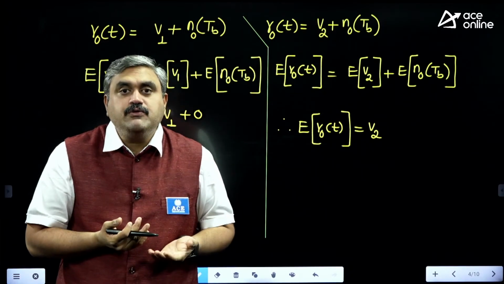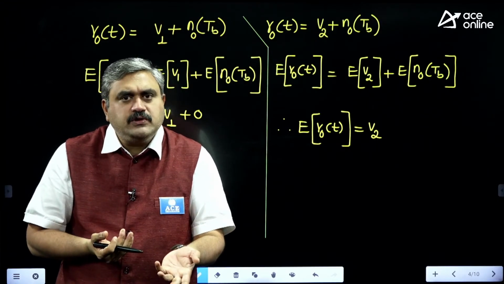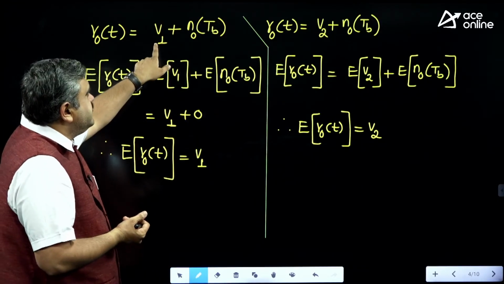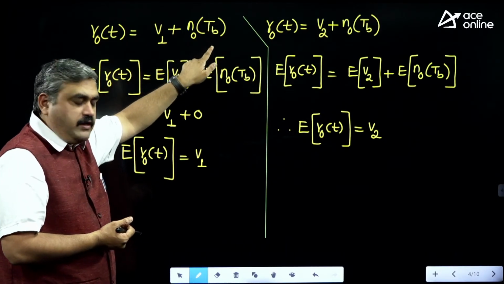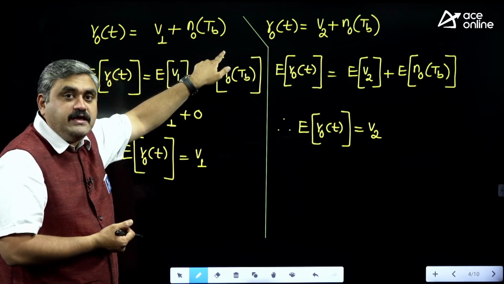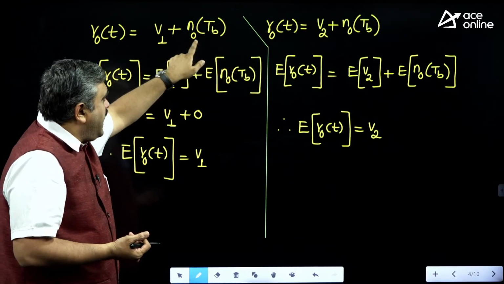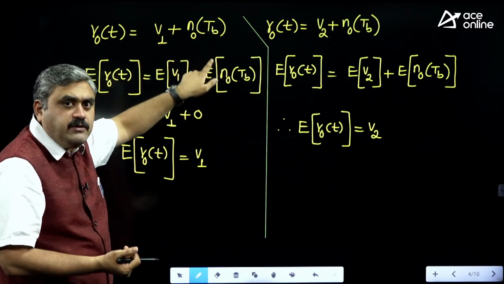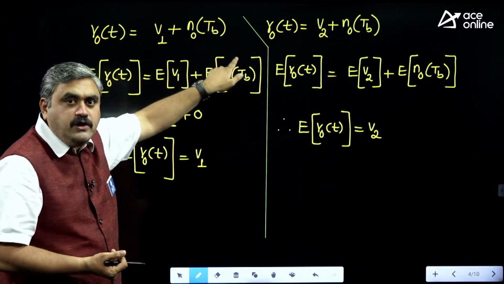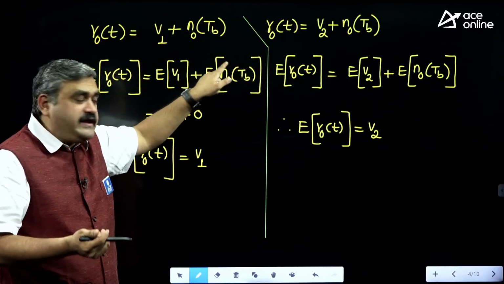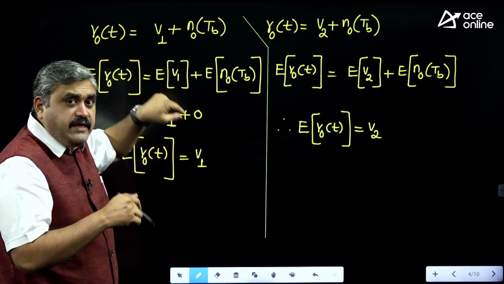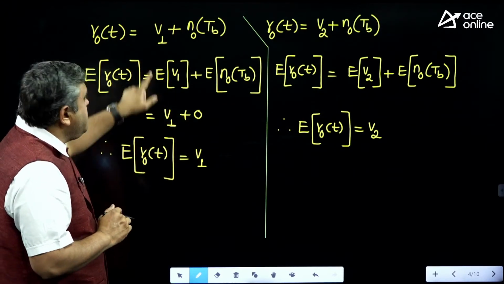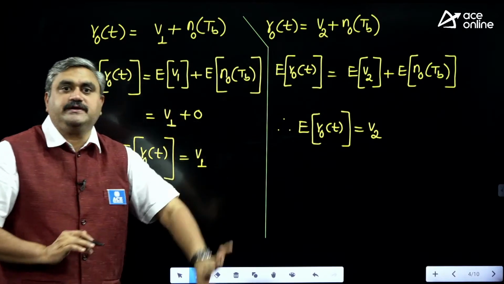Which density function are you expecting? It should be Gaussian, because this is deterministic and this is random. Randomness added with deterministic is random only, so the net should be random. That means the net value of R0 of t for S1 transmitted should be a Gaussian random variable whose mean value is V1.